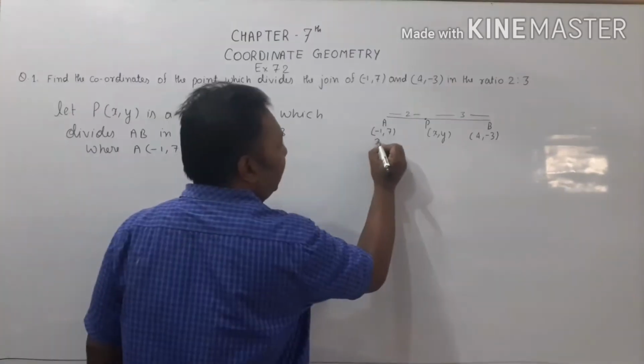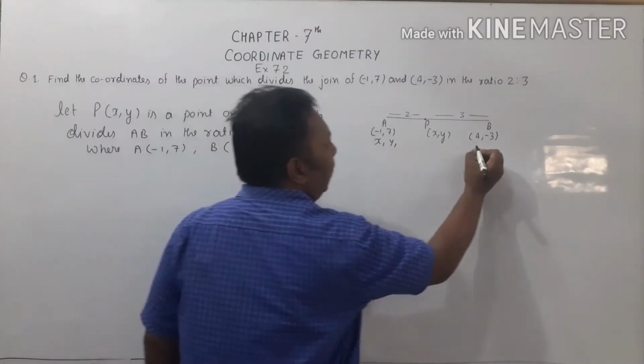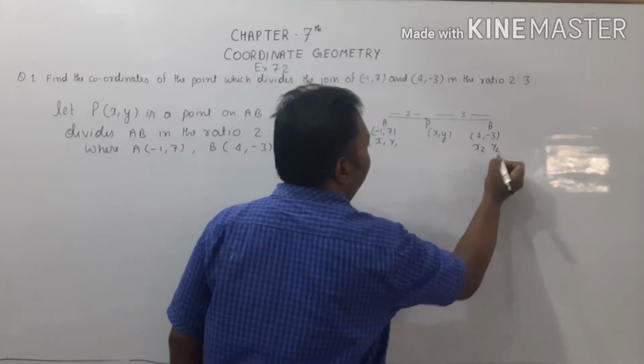So this is x1, y1 and this point is x2, y2.